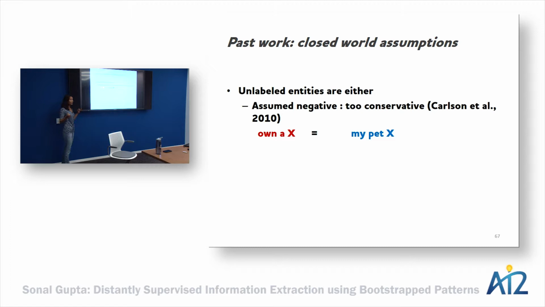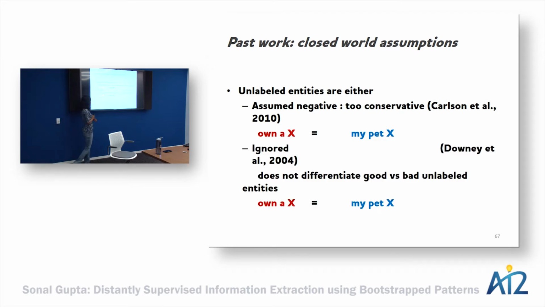If you remember, our patterns owner X, my pet X, they were both extracting one positive and one unlabeled entity. In which case, if you're assuming the unlabeled entity to be negative, both of them would be negative. So you would score both patterns as same. But this is too conservative, because my pet X is actually extracting a good unlabeled entity, but we're not doing anything about it.